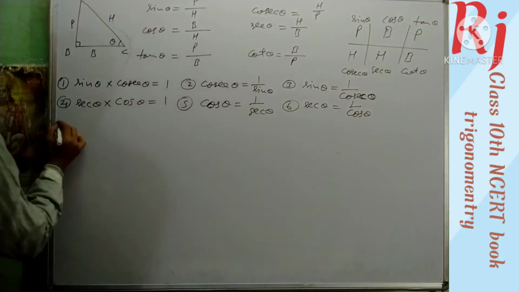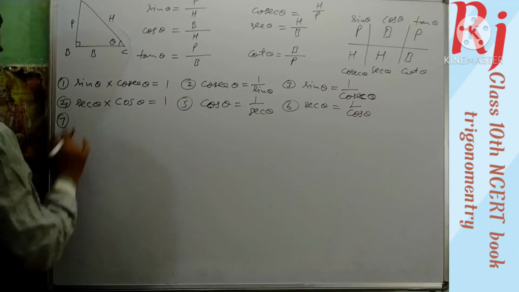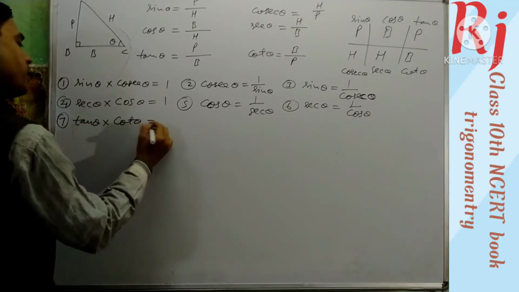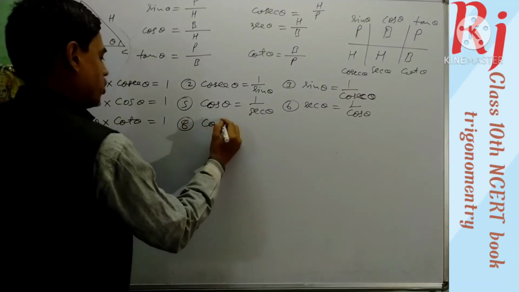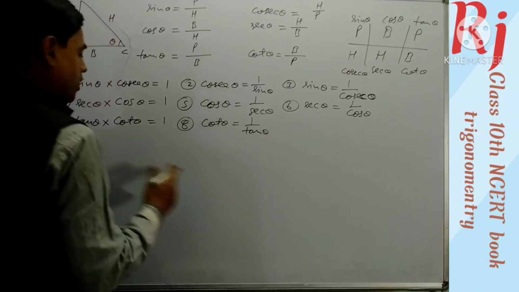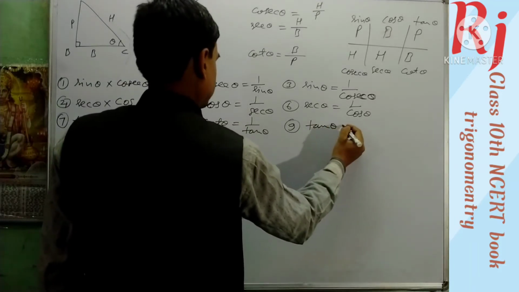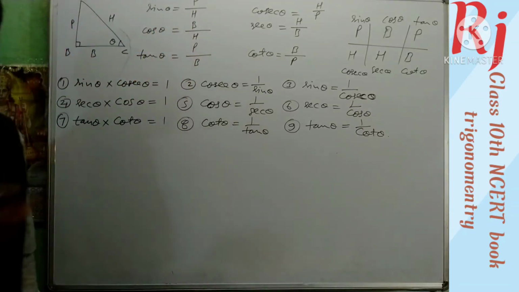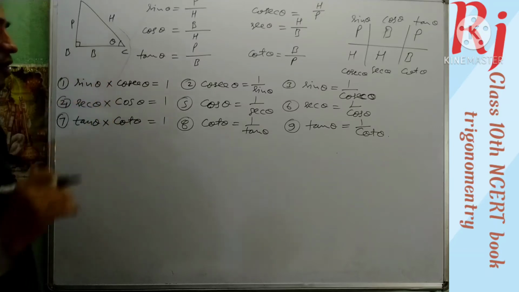Now I am going to write here the seventh formula: tan theta into cot theta equals 1, and the eighth formula is cot theta equals 1 upon tan theta, and the ninth formula is tan theta equals 1 upon cot theta. So now I have written the very important formulae.